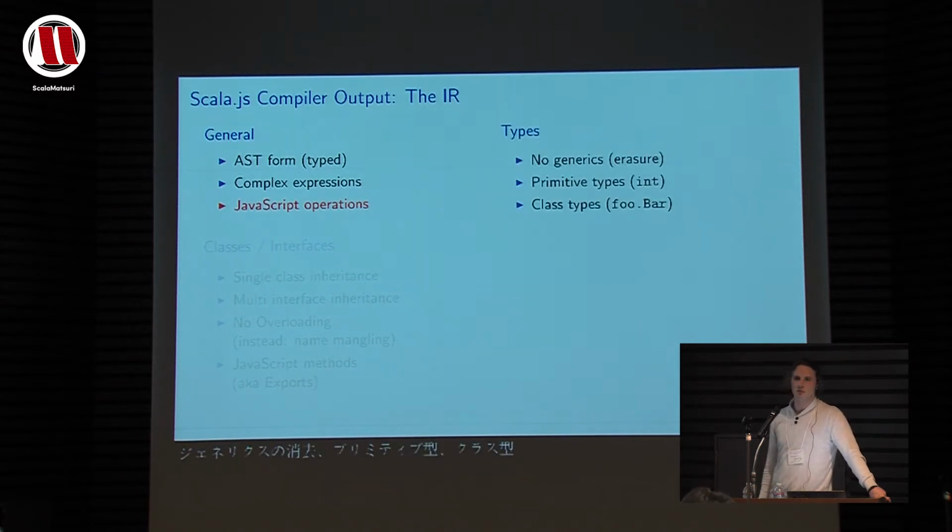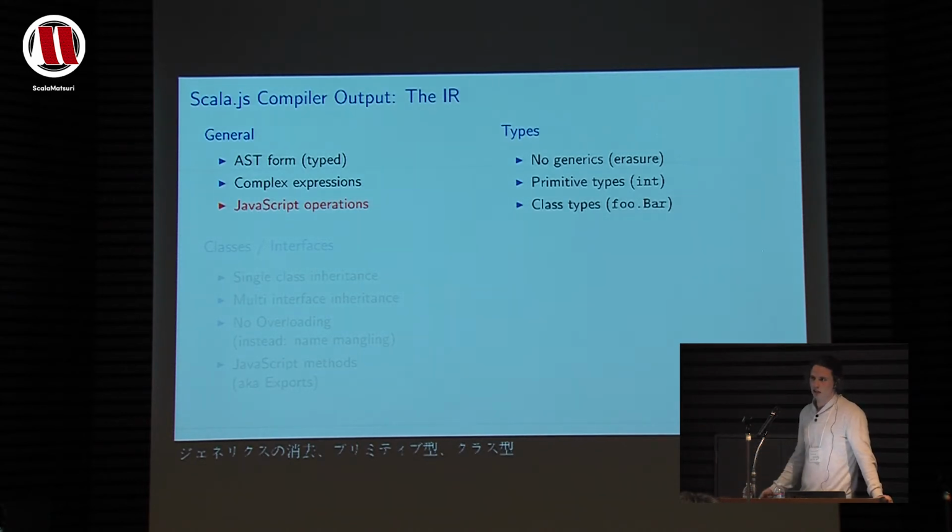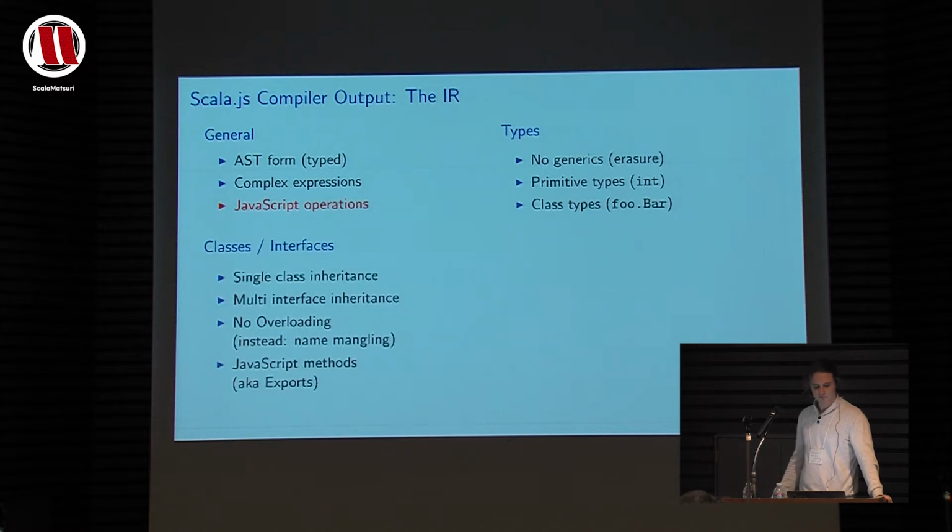Types. What types do we actually have on the abstract syntax tree? First of all, we don't have any generics, just like on the JVM. So we have type erasure, just like in the class file format. There are primitive types: integers, doubles, booleans. We can just translate them one-to-one. And there are class types. Classes, just like on the JVM. How do classes look?